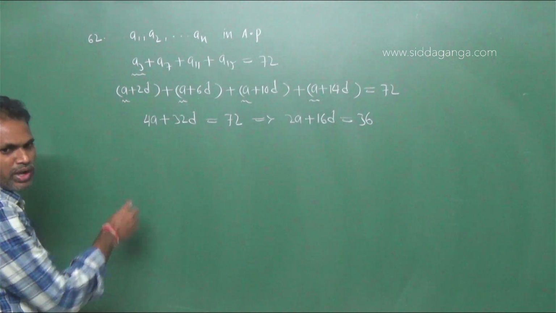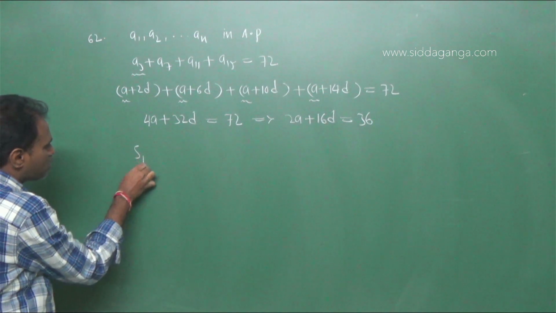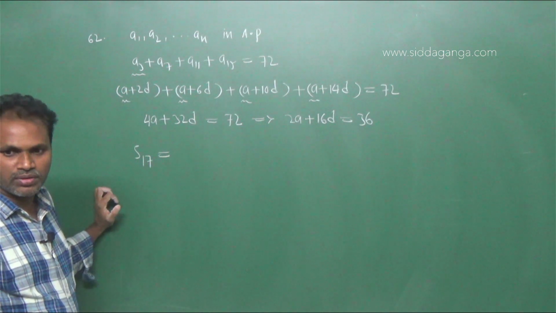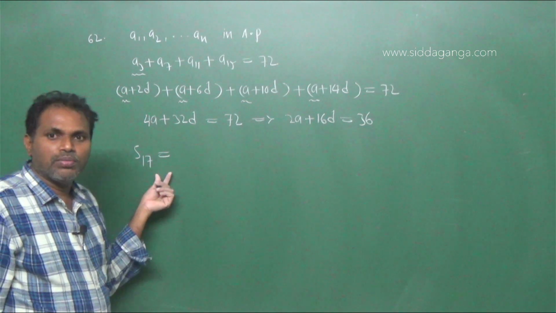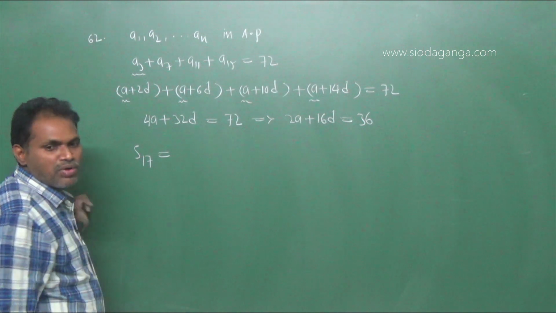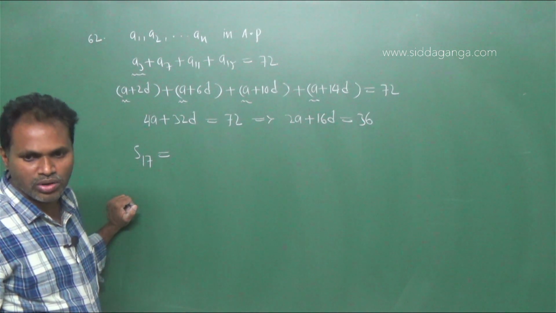Now we have to find the sum of its first 17 terms, that is S17. The sum of n terms in an AP formula is n by 2 into (2a plus (n minus 1) into d).